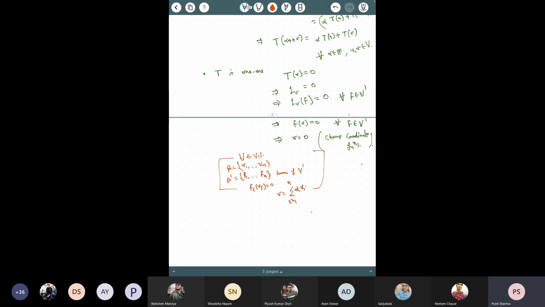So it will also hold for this. So from here, what you can say is that fj of v is equal to 0 for all j. But fj of v from here is just alpha j. So alpha j is 0 for all j. That means v itself is 0, and therefore v equal to 0. Is it okay?